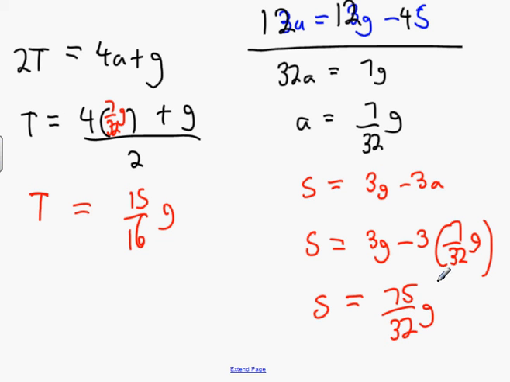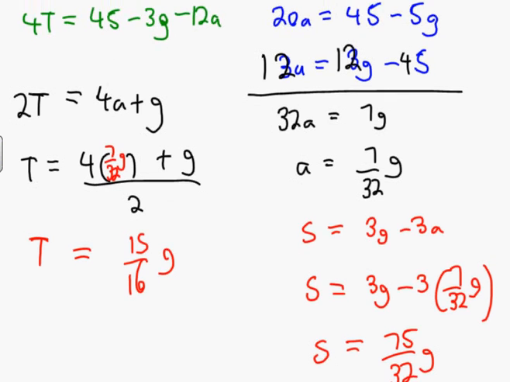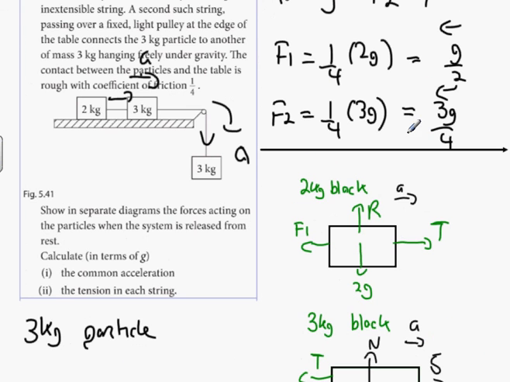Okay. Is that what we expected? Let's find out. Well, S is the bigger tension because this guy here is hanging freely. And the second tension is like a secondary force that you only need to drag an object across the table as opposed to actually completely lift an object up.